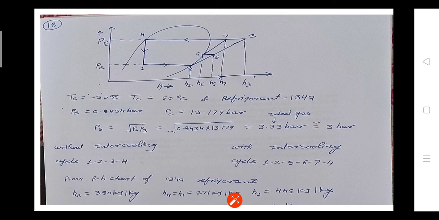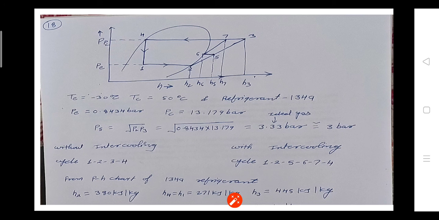For simplification of notation on the pH chart of this particular refrigerant, you can represent 3 bar as the intermediate pressure. First represent this whole cycle by taking these temperatures, and then draw the process from 2 to 5 by taking this pressure.